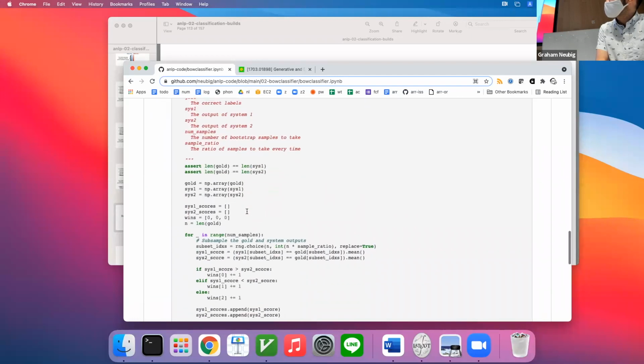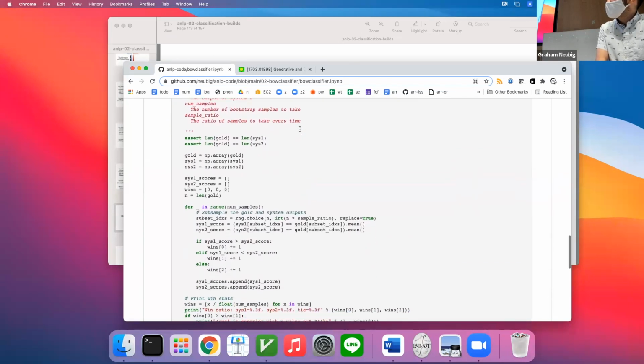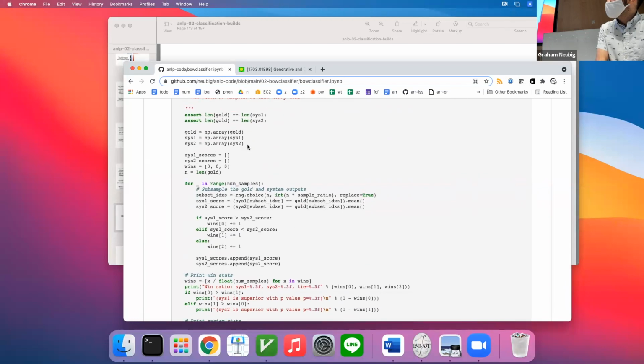You can see that you have the gold output, the system 1 output, the system 2 output. You can get an array of each of them.